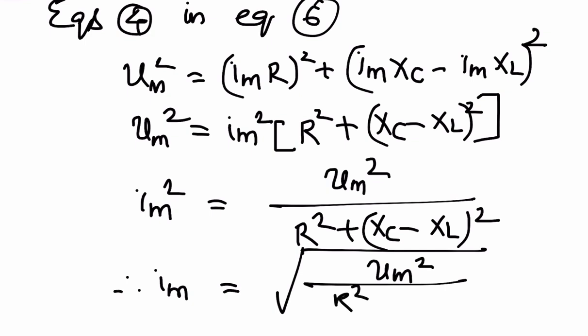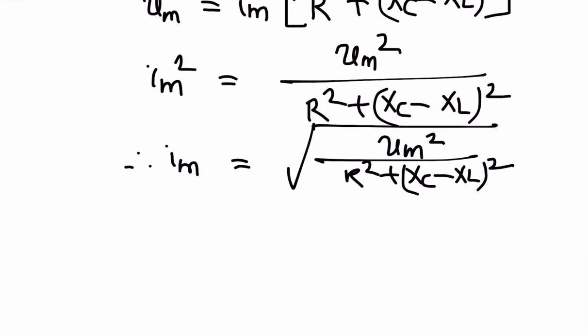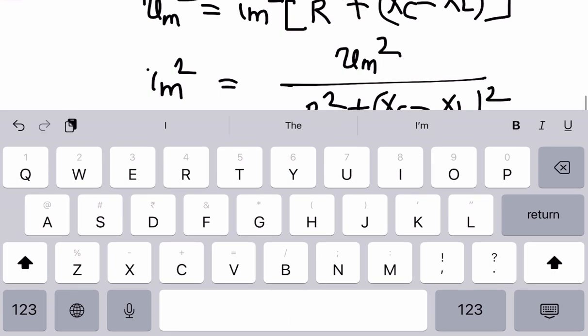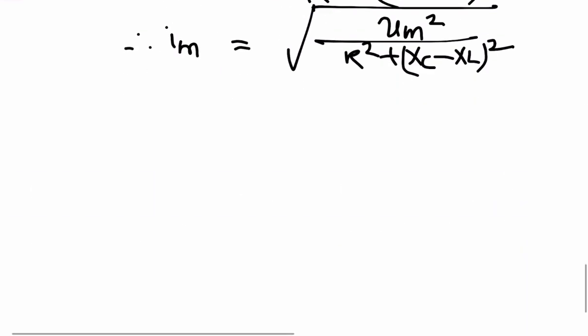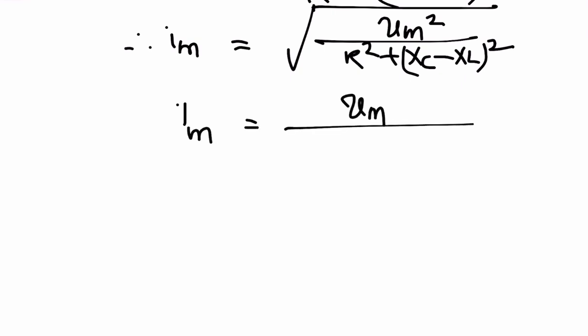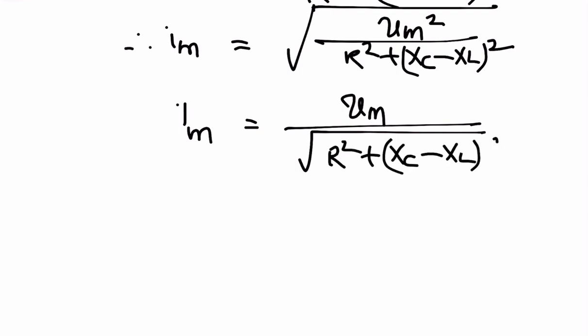So you can compare it with Ohm's law. Then you will get Im is equal to Vm divided by under root R square plus Xc minus Xl whole square. Let it be equation number 7.